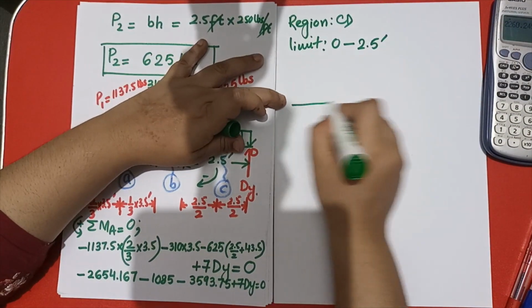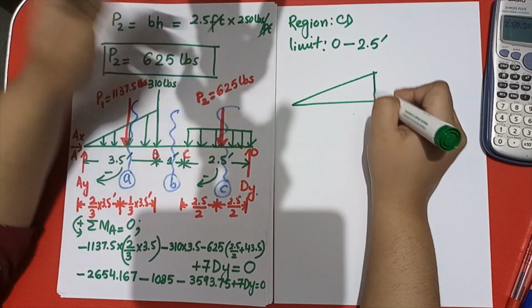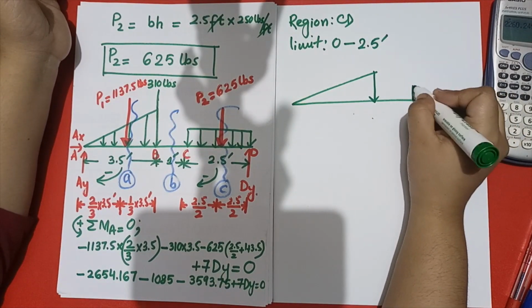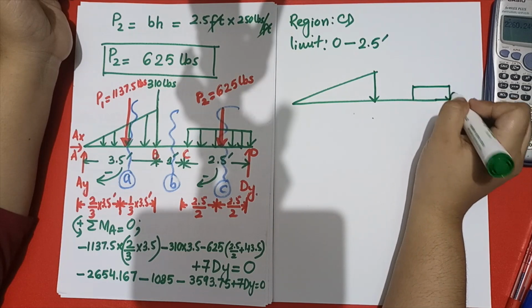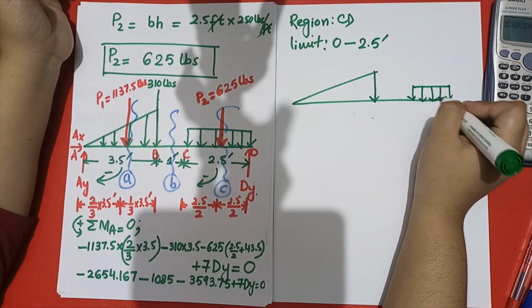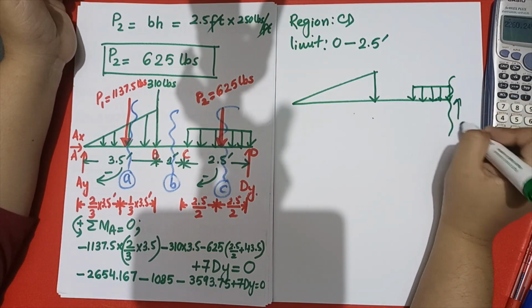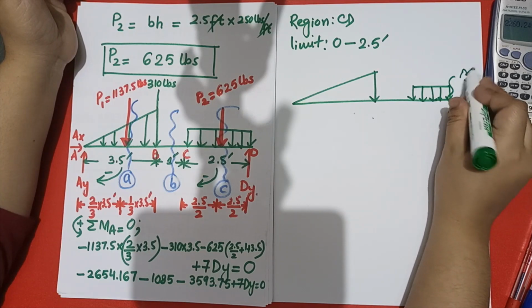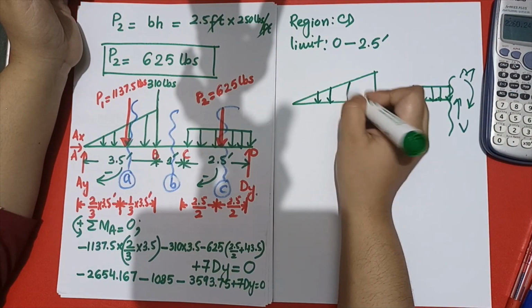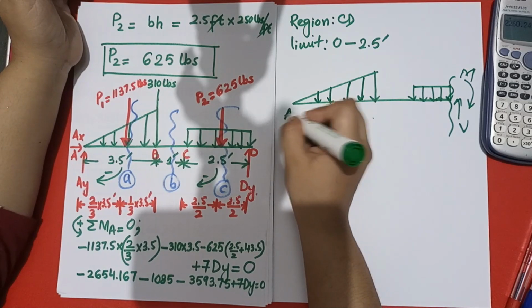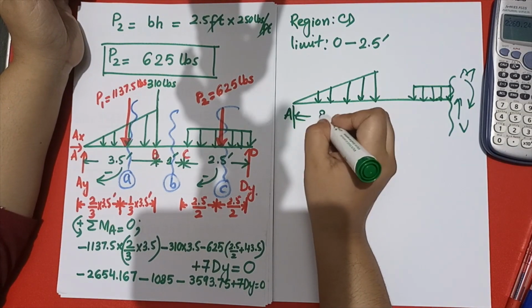Now the diagram will be like this. There will be the section. This is V and this is moment. And this one like this. This is A and this portion is 3.5 feet.